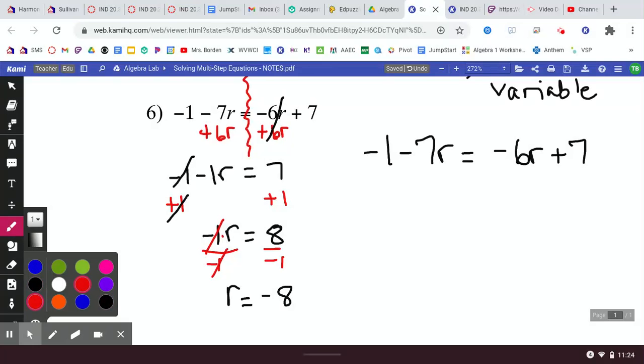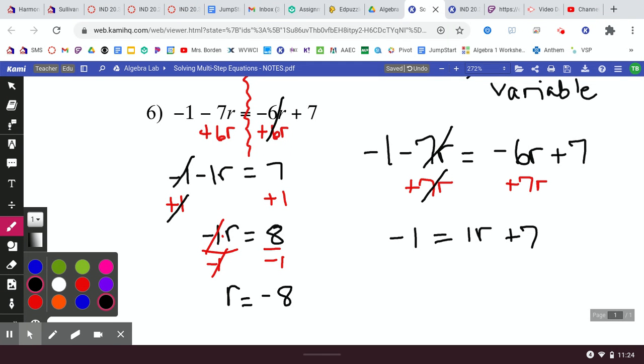So if I, instead of moving the 6 to the left, if I add 7r and add 7r, okay, all I'm doing is deciding to do the r on the other side. Now on this side, I have -1 equals -6r plus 7r is +1r plus 7.